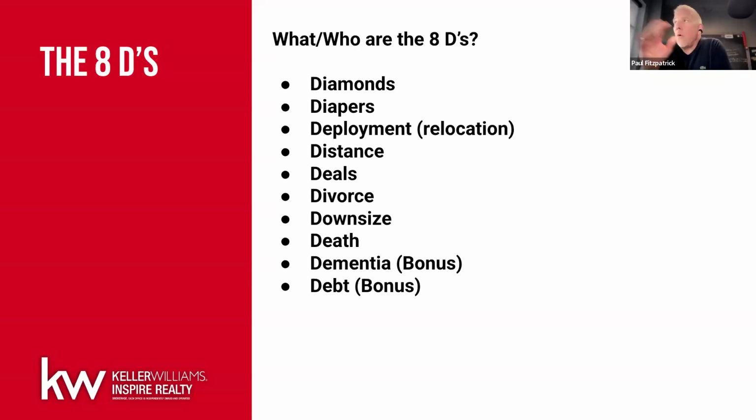So the whole concept of these Ds is to get you thinking about who's in my database, and how can I connect with these people in a meaningful way that will engage them around their unique situations, any one of these 10 things, and/or challenges that they're going through.